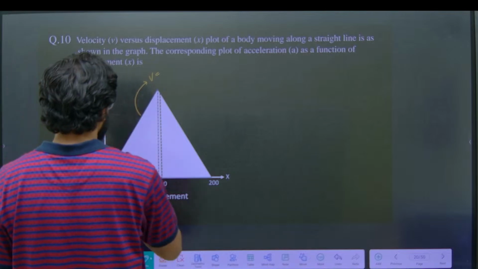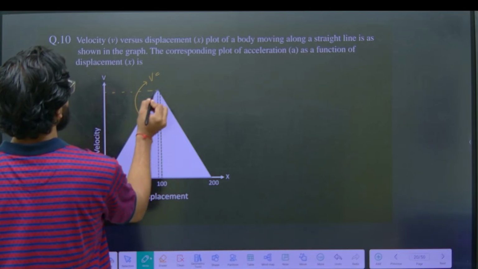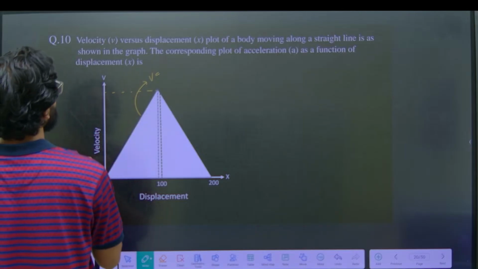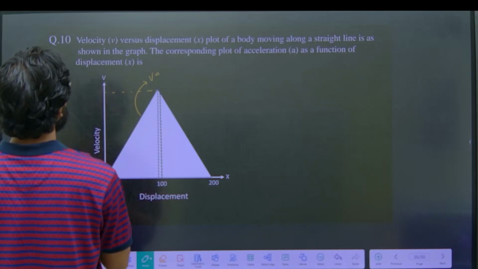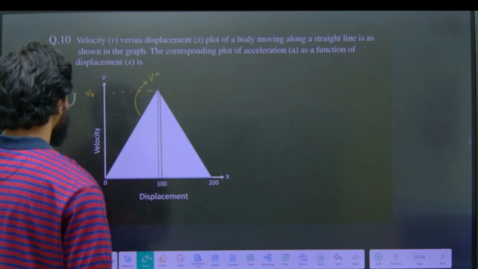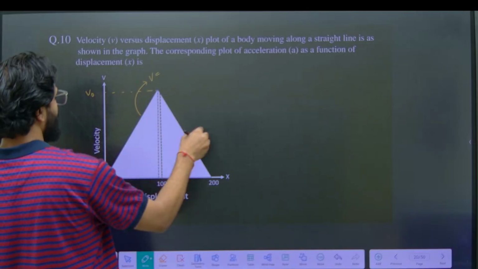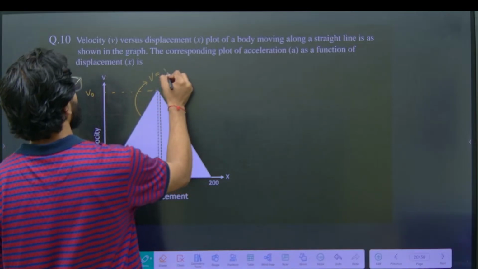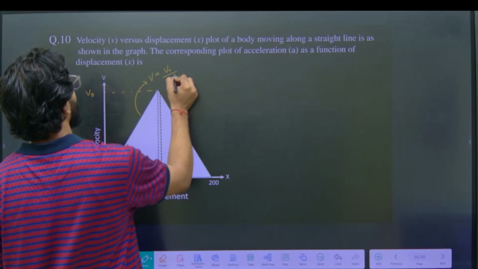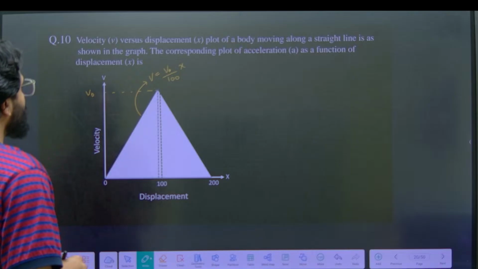So m we can see, it is not there. Let's say it is V naught. So y equals mx. So V equals m. M is nothing but V naught upon 100 into x. Correct?